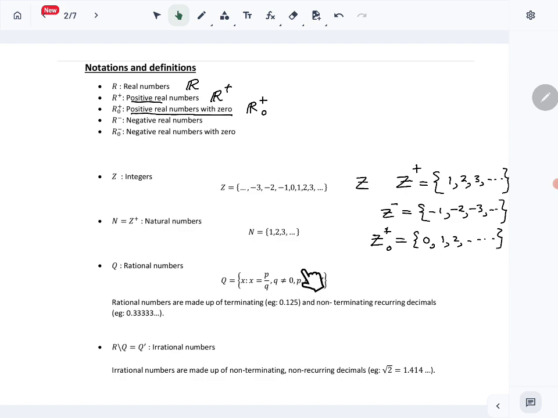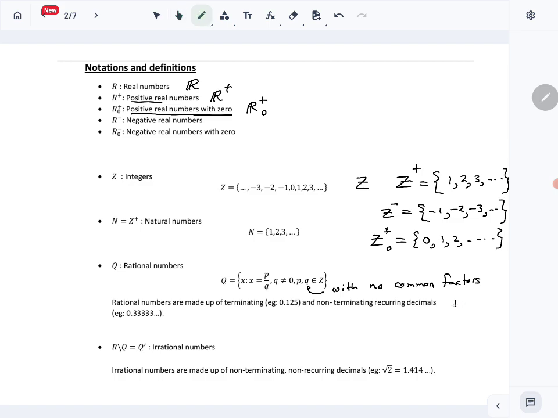So any number that can be written in this form, those types of numbers are called rational numbers, right?